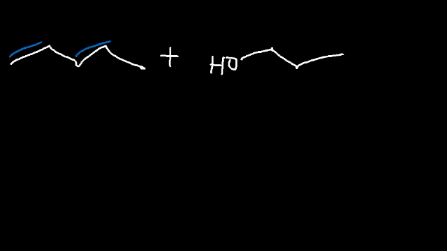Now let's say you were to get a reaction that looks like this. What do you think the product for this reaction is? Now, what I would do is redraw the system.